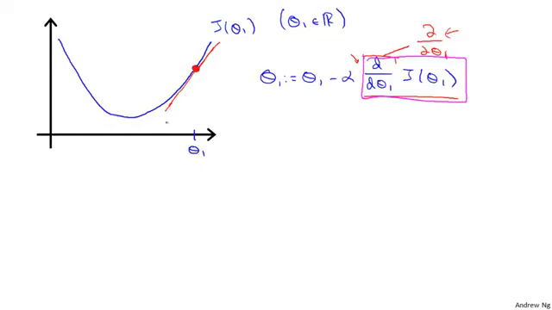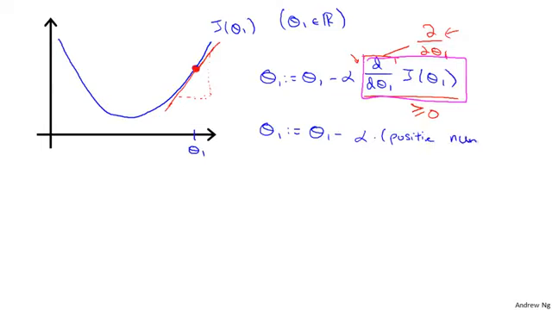And the slope of a line, of course, is this height divided by this horizontal distance. Now, this line has a positive slope, so it has a positive derivative. And so my update to theta 1 is going to be theta 1 minus alpha times some positive number.